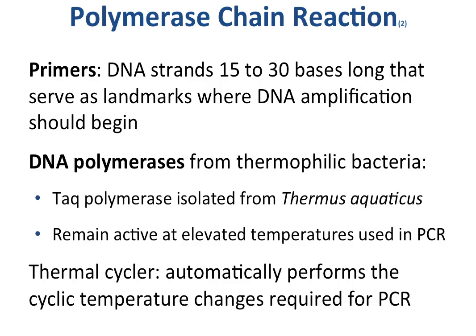And then the PCR reagent contains the DNA polymerase. Actually, those are enzymes that can work at a very high temperature. Those enzymes are isolated from bacteria that live in very hot water.